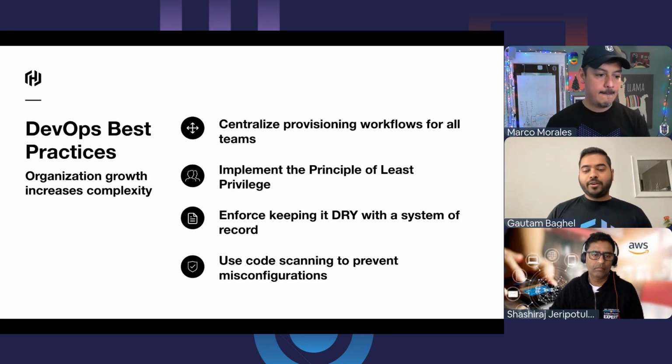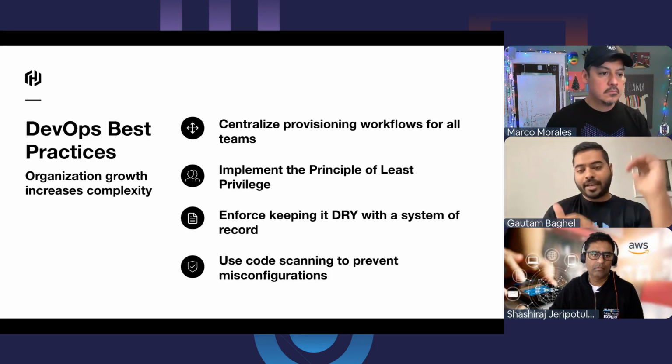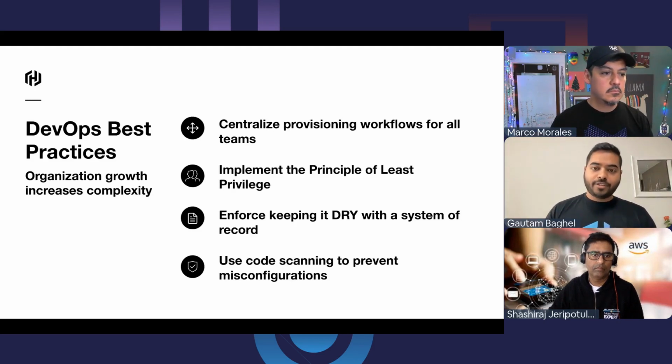It's trying to centralize the provisioning workflow for all of your teams. All of your teams can look at all the infrastructure that they have. What is the status of that infrastructure? Is it still running? Is it still out there? Implement the principle of least privilege.